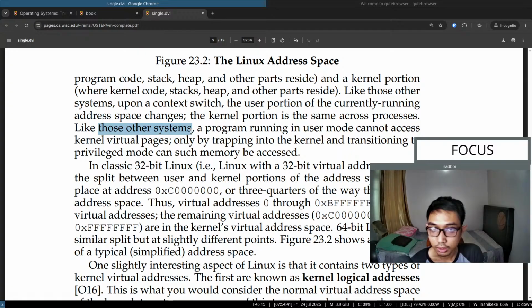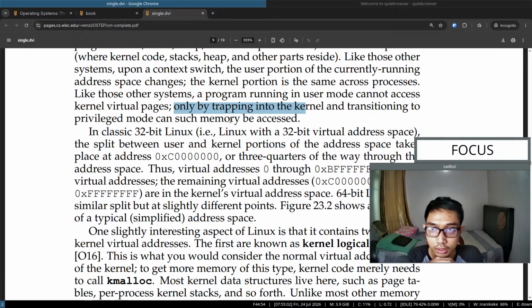Like those other systems, a program running in user mode cannot access kernel virtual pages. Only by trapping into the kernel and transitioning to privileged mode can such memory be accessed.